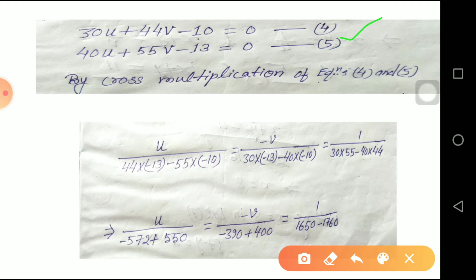First, our first variable u, then second is v, then we take minus v, then 1.